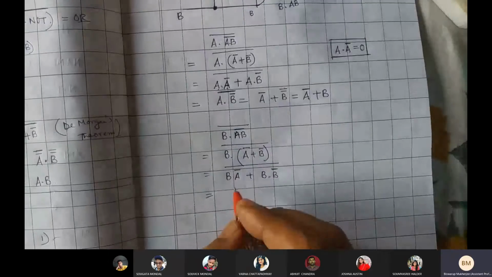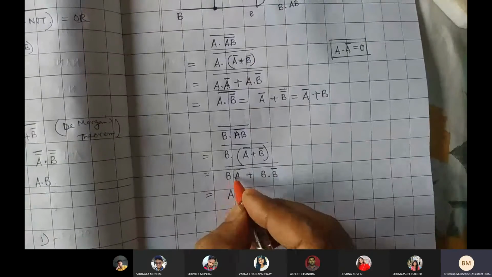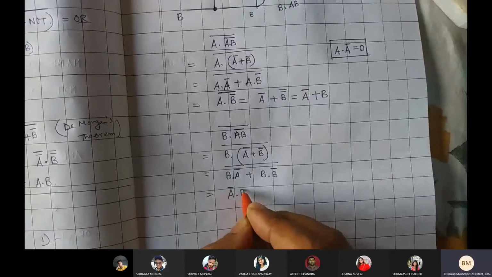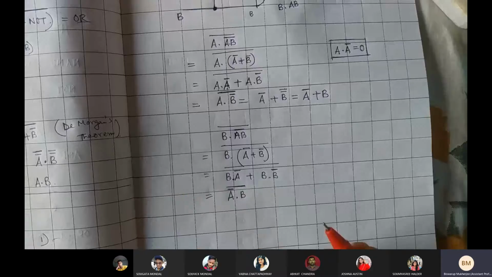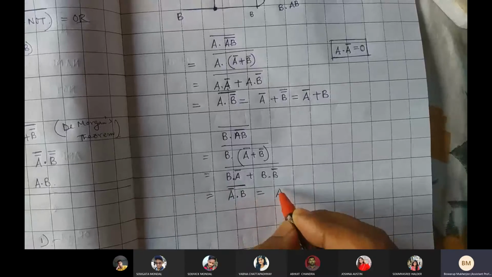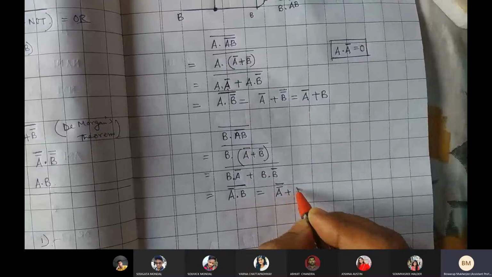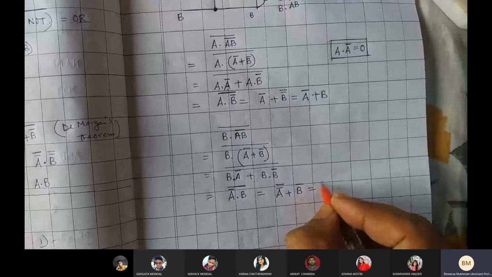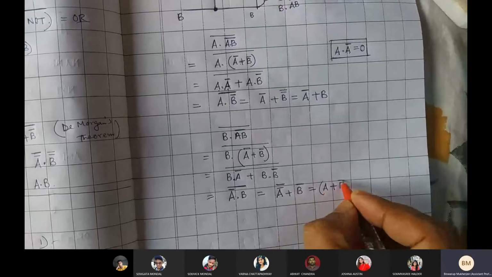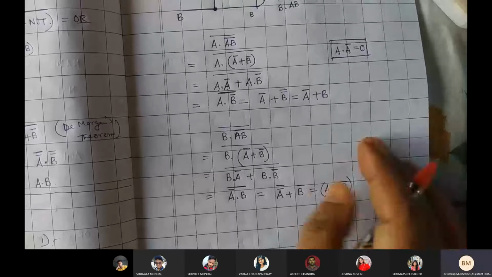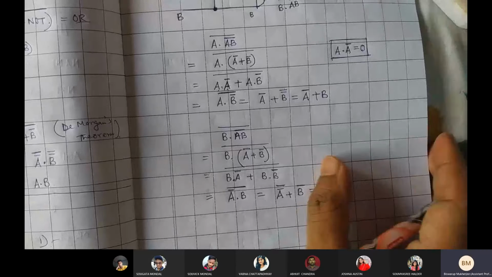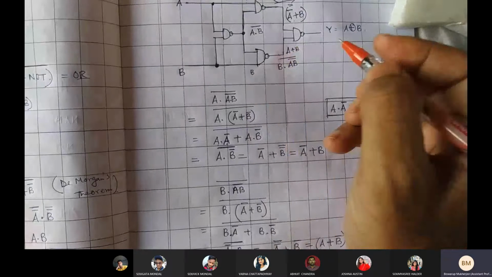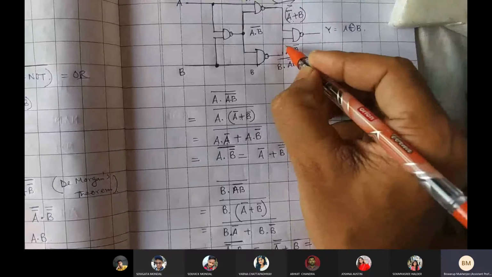So you can write it down, just changing the positions, as (A complement dot B) whole complement, right? So that can be written as A double complement plus B complement using De Morgan's theorem again. That is equal to A plus B complement. So the lower path is actually providing A plus B complement.